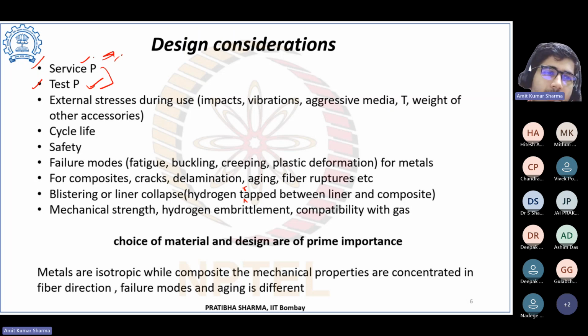You also need to consider the external stresses when you use it, because there will be impacts, vibration, temperature, weight of the accessories, and aggressive media. Cycle life, safety, failure modes, fatigue, buckling, creeping, plastic deformation for metals; for composites, cracks, delamination, aging, fiber rupture, blistering or liner collapse, hydrogen trapped between liner and composite, mechanical strength, hydrogen embrittlement, compatibility with gases.